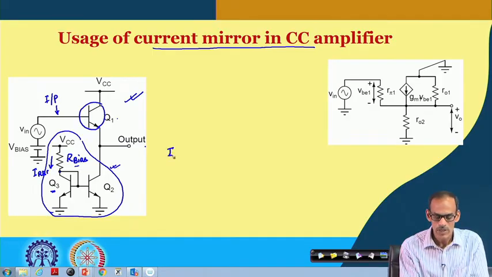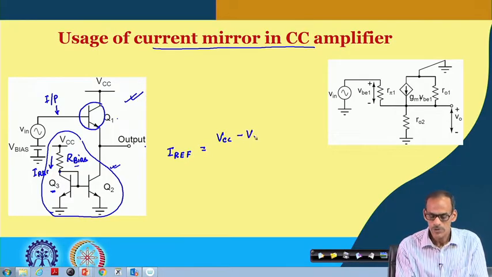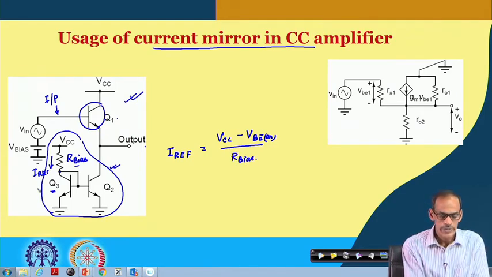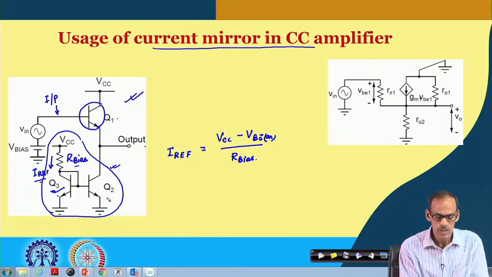The expression of I reference equals VCC minus VBE on of transistor 3 divided by R bias. So, that is the reference current, and we have the current mirror constructed by transistor 3 and transistor 2.